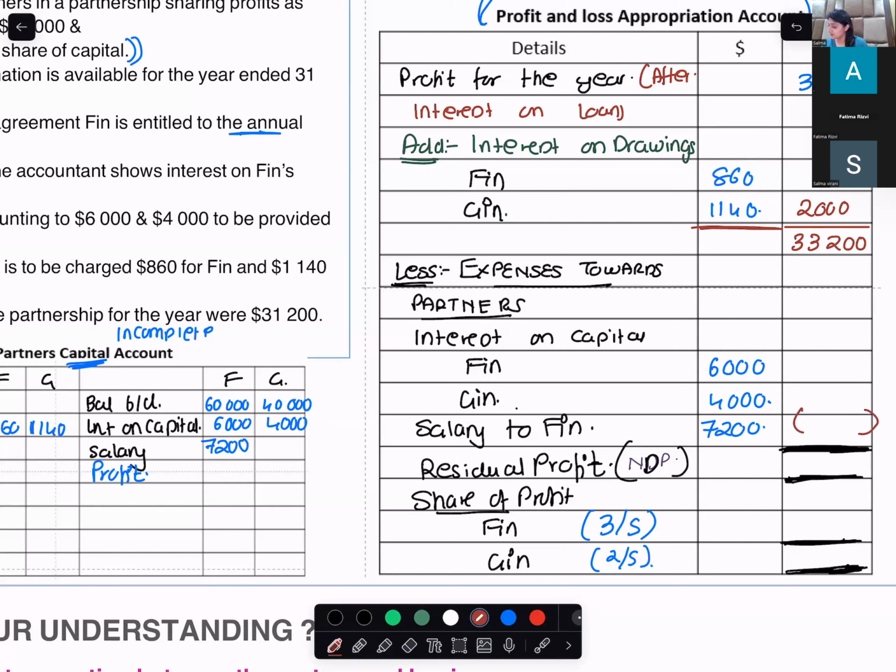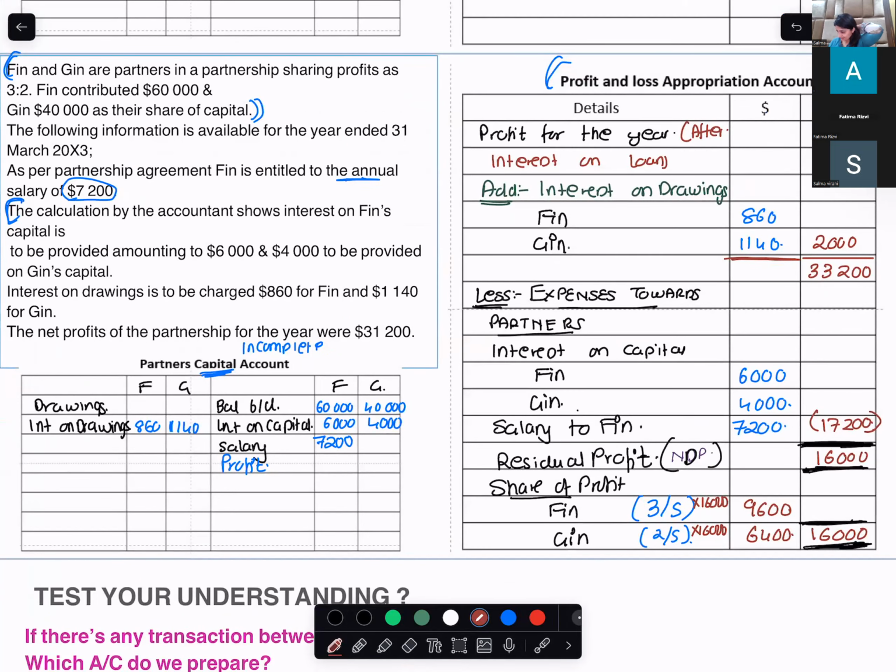And what is the total of all this? 17,200. You will subtract 33,200 minus 17,200. 16,000 is your net divisible profit or your residual profit. 3/5 will go to whom? Finn. So 3/5 of 16,000 will go to Finn and 2/5 of 16,000 to Gin. 9,600 and 6,400. So with this we complete this sum of Finn and Gin.